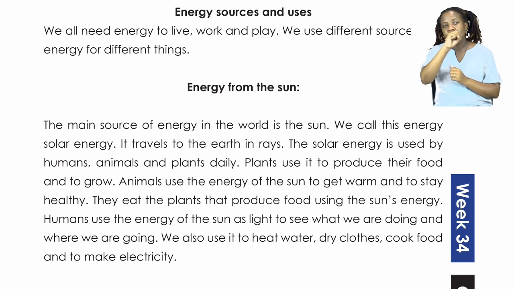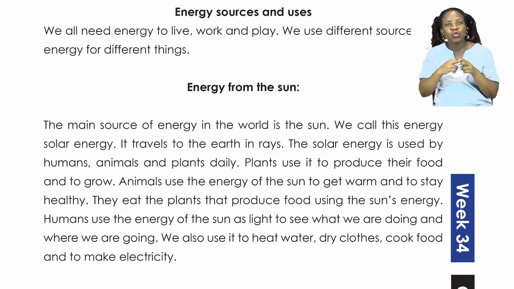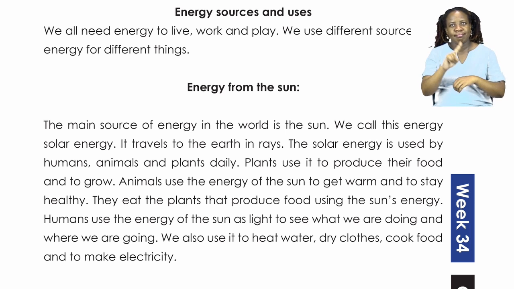The solar energy is used by humans, animals, and plants daily. Plants use it to produce their food and to grow. Animals use the energy of the sun to get warm and to stay healthy.